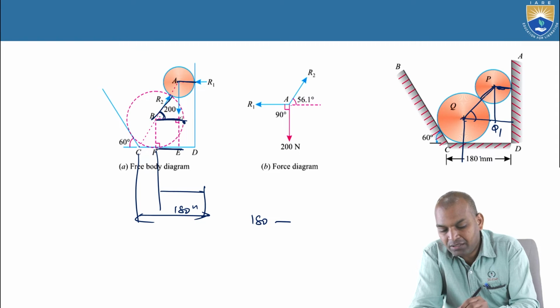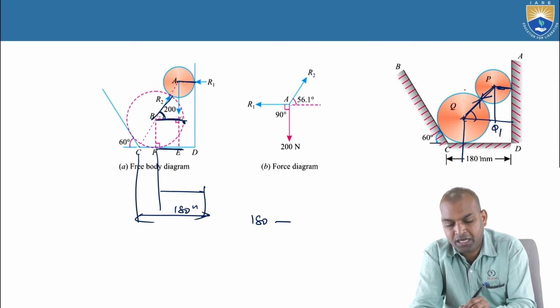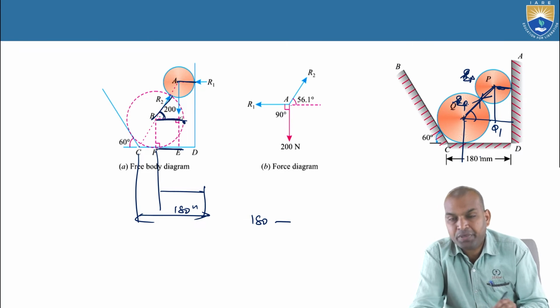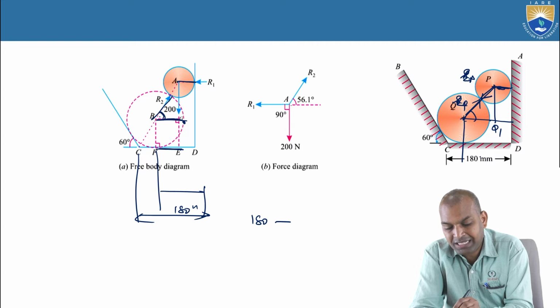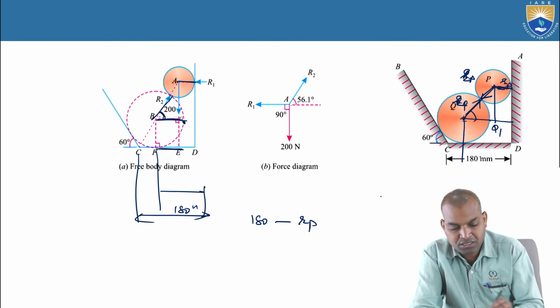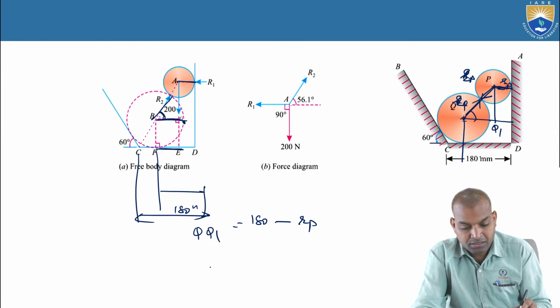Here RP and RQ are the radii of the small and large cylinders. Then 180 minus RP gives the distance Q1.